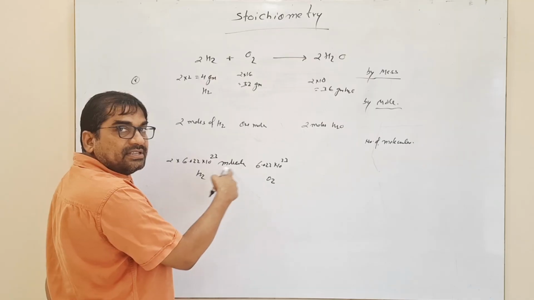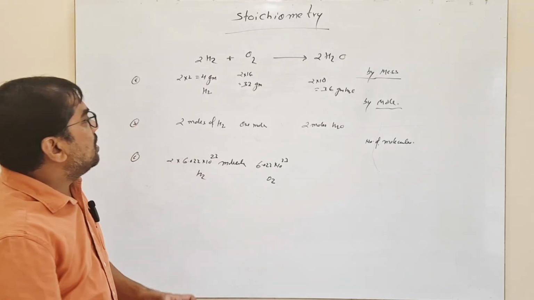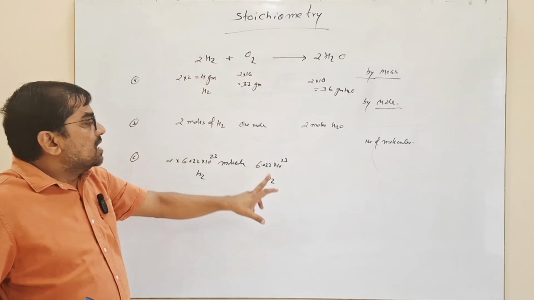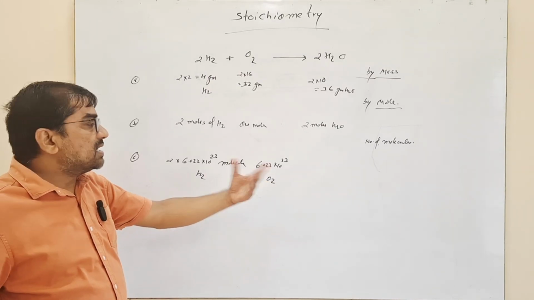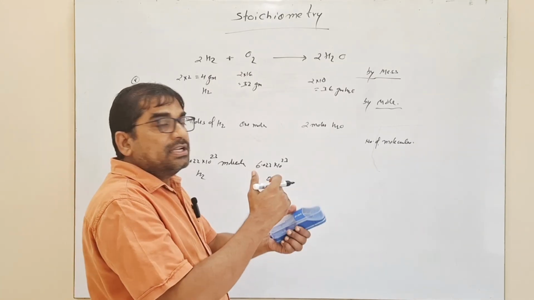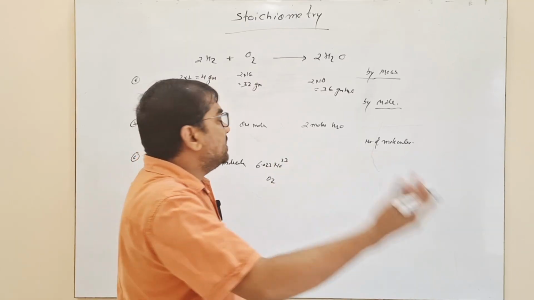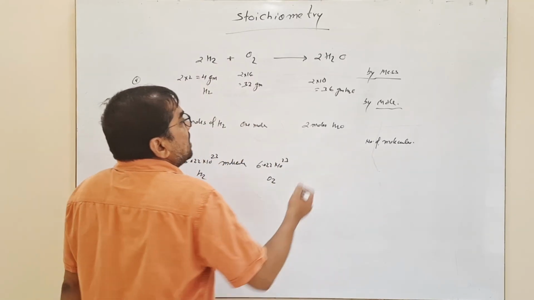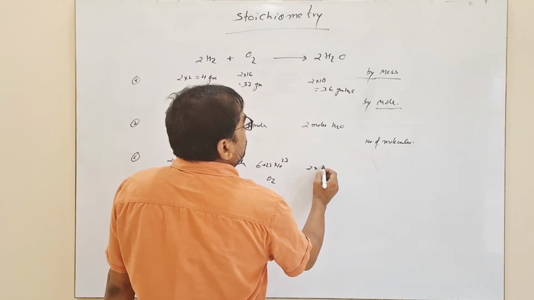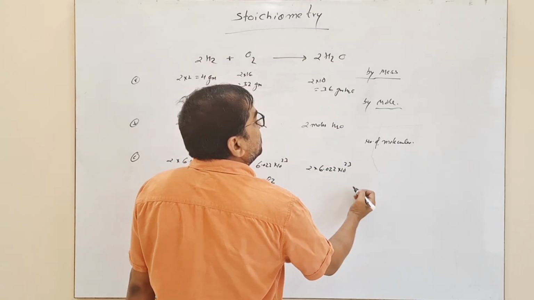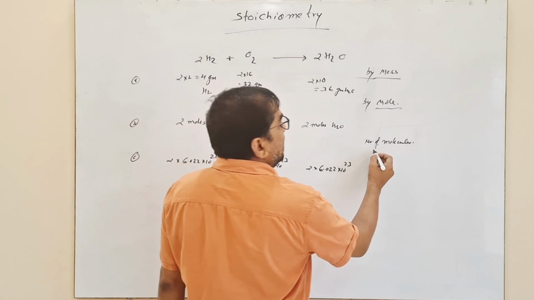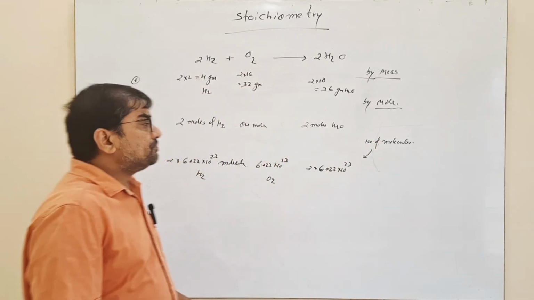Avogadro number: we have discussed already in the mole concept that 1 mole of a substance contains Avogadro number of molecules, atoms, ions, etc., as per the category of the substance. Now here 2 into 6.022 into 10 to the power 23 molecules on the basis of molecules.